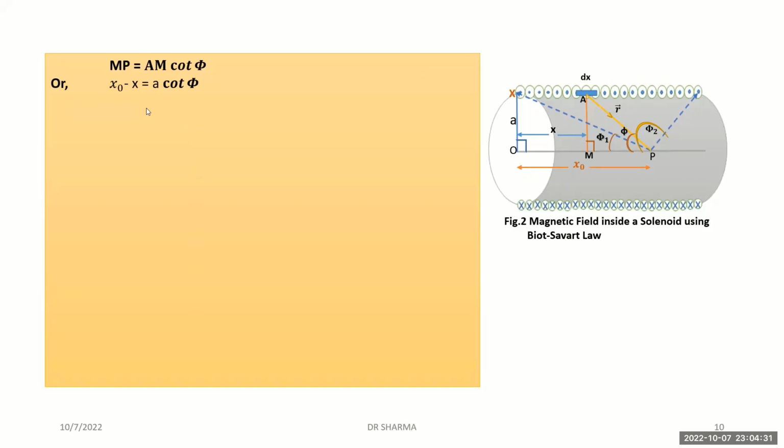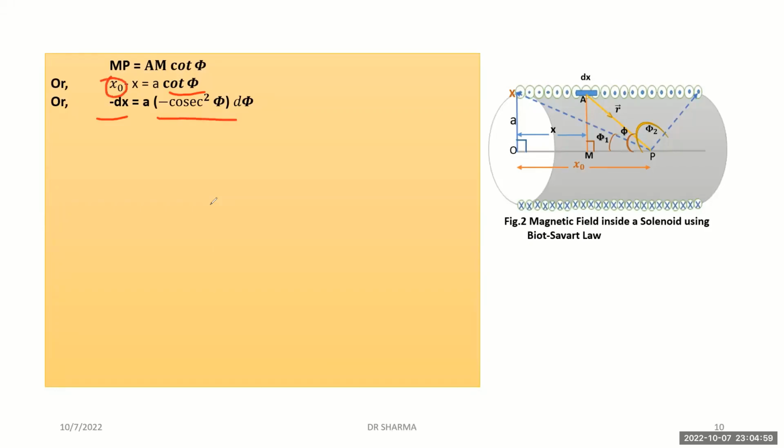But x is variable, because we can take dx throughout the length of the solenoid. So after differentiating, we get minus dx is equal to derivative of cot phi, minus cosec square phi d phi.